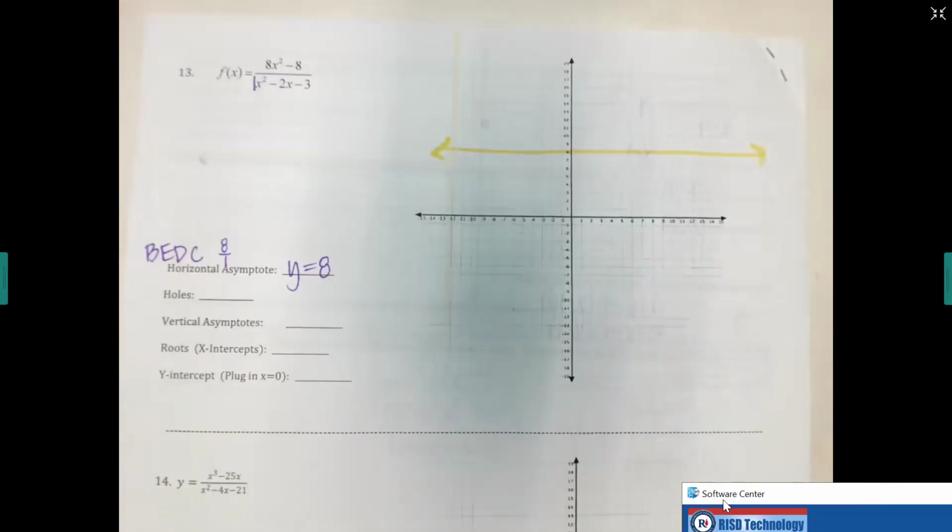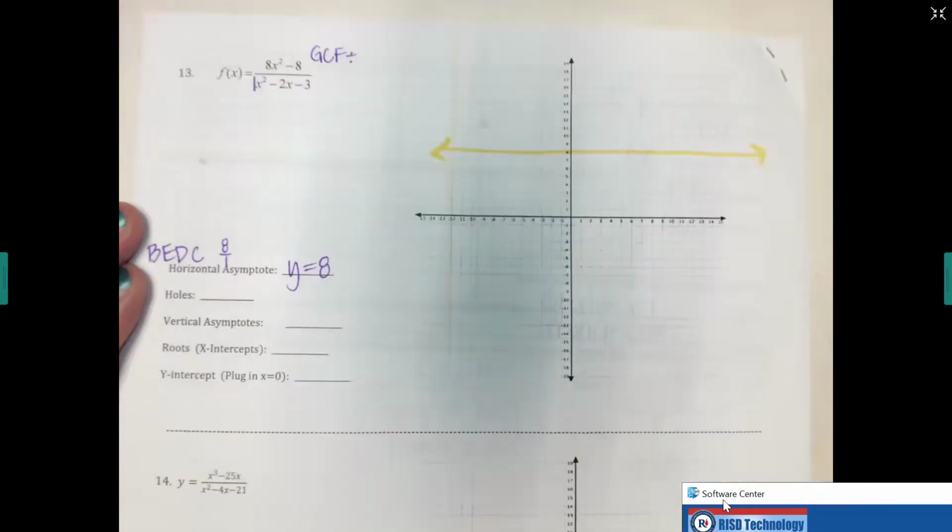Every other feature, you have to know how to factor to be able to find it. So let's start with the top. Remember, you should always check for a GCF first. Is there anything I can divide out of the top? An 8, yeah. So it'd be 8 parentheses.